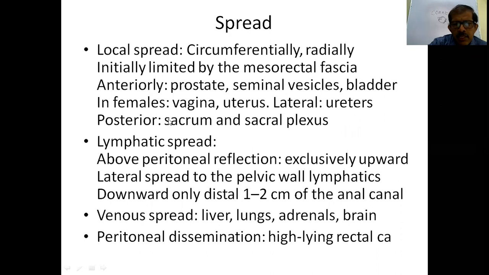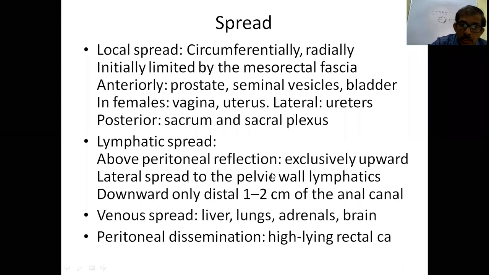Posteriorly, if it has reached the sacrum, it is almost a terminal case. Then lymphatic spread, as I told you, is mainly upwards, as far up as the origin of the inferior mesenteric artery. Then it can also spread by bloodstream, that is to liver, lungs, adrenals, and brain.